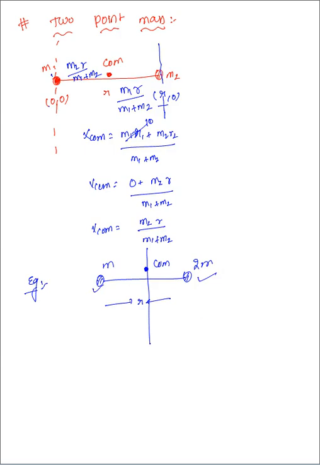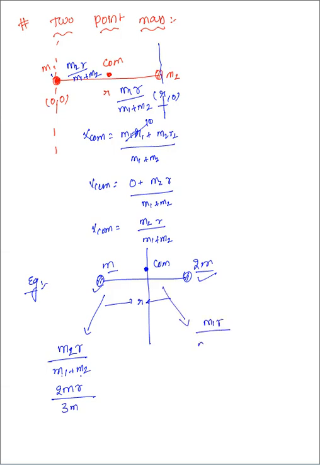So what we got here: XCM equals m1r divided by m1 plus m2. m1 is m, m2 is 2m. So mr divided by m2r, right, m2r. So 2mr divided by m1 plus m2. m1 plus m2 is nothing but 3m, right, 3m. This distance, if you want to calculate, is m1r divided by m1 plus m2.